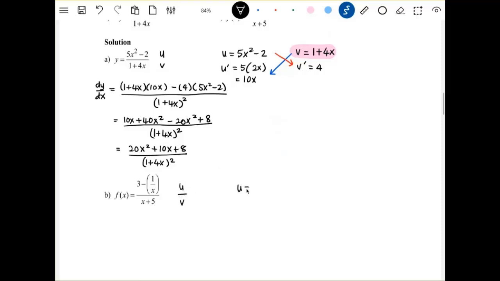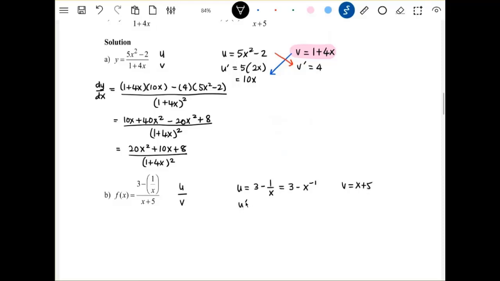Okay, so U adalah 3 minus 1 over x, di mana saya ubah di dalam bentuk 3 minus x to the power of negative 1. Kita bawa naik x tu ke atas supaya senang untuk kita differentiate. So our v is x plus 5.